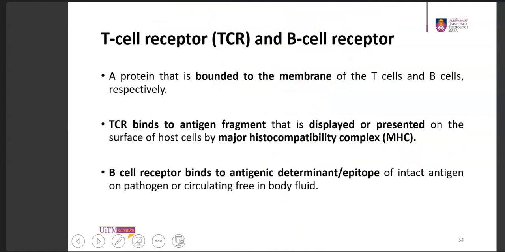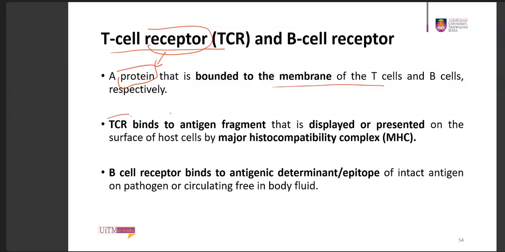Okay, so next is the T cell receptor and B cell receptor. B and T cells have receptors on the surface of the plasma membrane of the lymphocyte. The receptor molecules are actually proteins, bound to the membrane of B and T cells respectively.